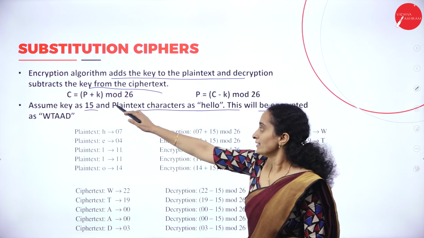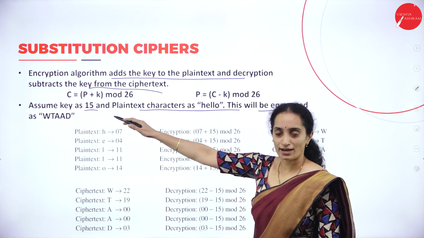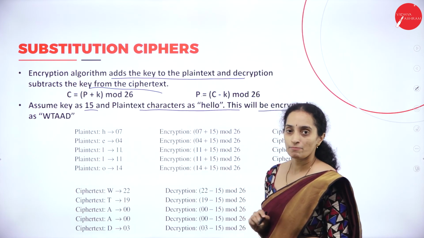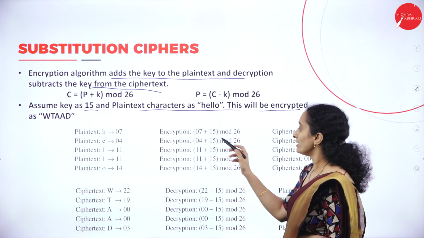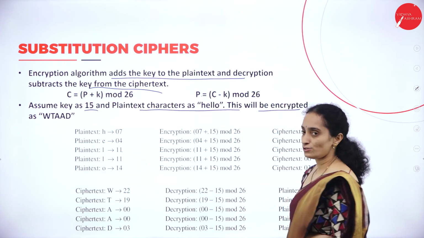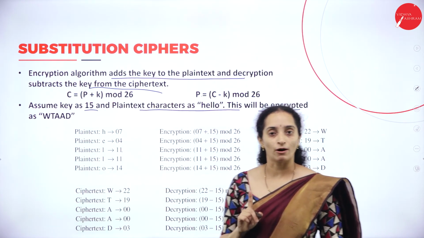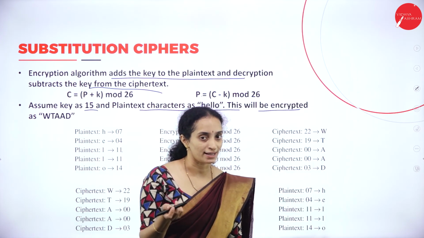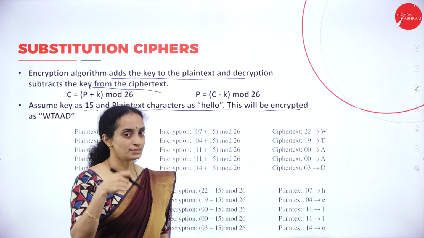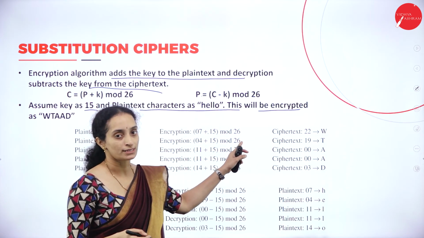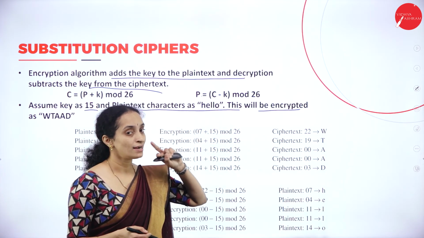You add the plain text value, that is the value of H, 7, plus 15, which gives you 22. 22 mod 26, the mod operation is getting the remainder, is it not? 22 mod 26 gives the remainder 22.